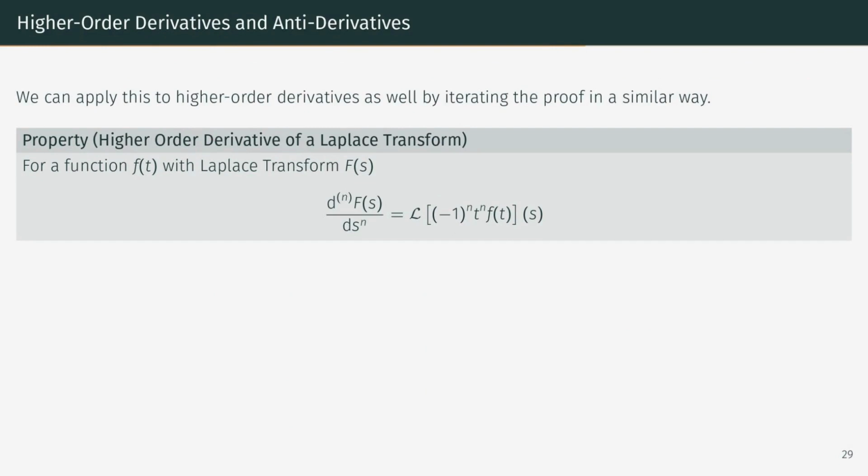We can apply this to higher order derivatives by similarly iterating the proof. For a function f(t) with Laplace transform F(s), we can see that d^n F(s)/ds^n equals the Laplace transform of (-1)^n t^n f(t).